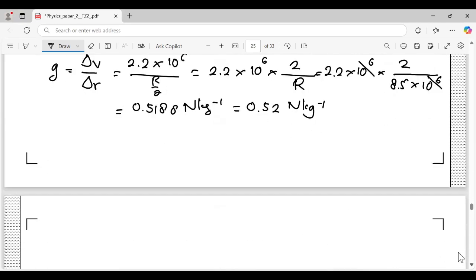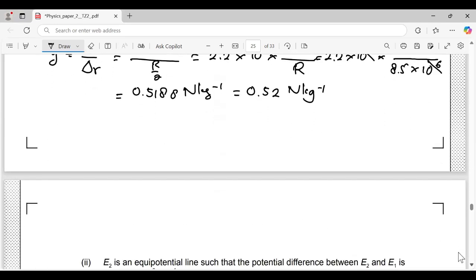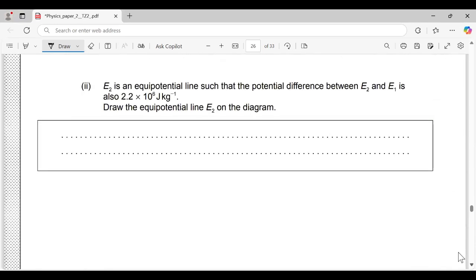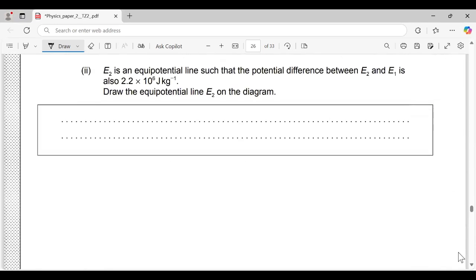The gravitational potential at a distance x from the center of the planet is given by phi of x equals minus GM over x.